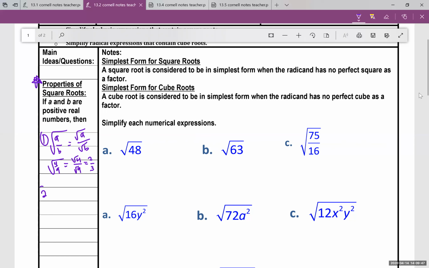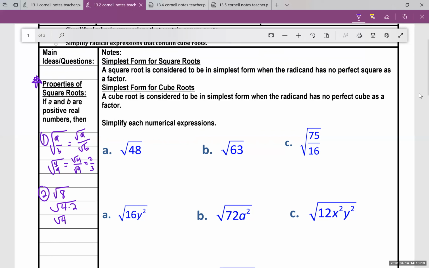This next one, if you have the square root of, say, a number, let's say it's 8. Now that's not a perfect square. 8 is not a perfect square. But I could rewrite 8 into two factors, 4 times 2, and then you can split this up further.